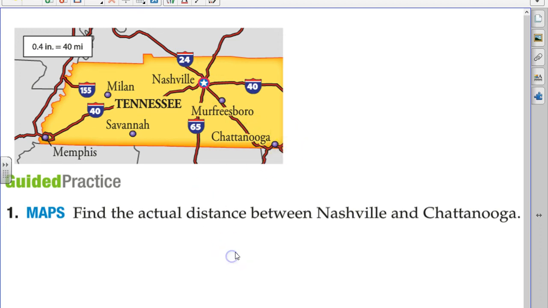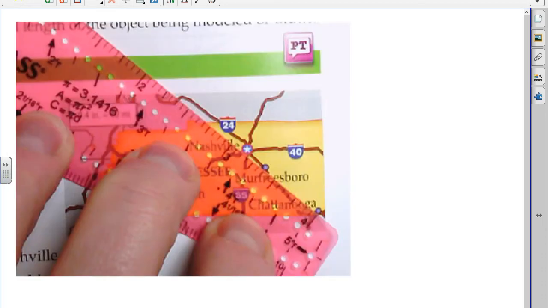If you've got your textbook and your ruler, you could just measure it and see how long it is. We'll do this in class. For me, I've already done it: I screen captured it, took my safety compass, and sorted out how long it was. The problem I ran into is twofold.